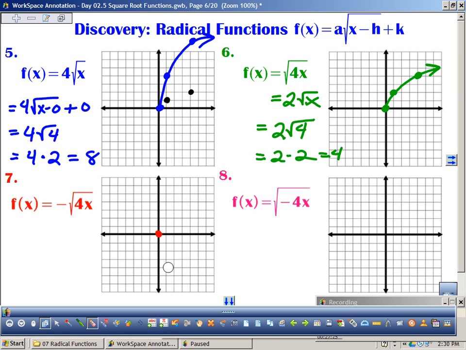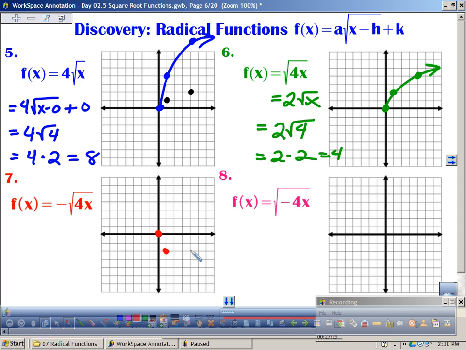Oh, sorry, because it's on the inside. Thank you. Down 2. So if I go over 4, then how far am I going to go down? 4. Okay, so this is how we remember this. The only difference between number 6 and number 7 is that there's a negative on the outside.